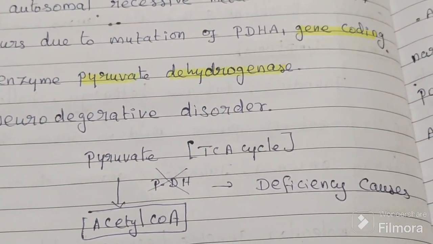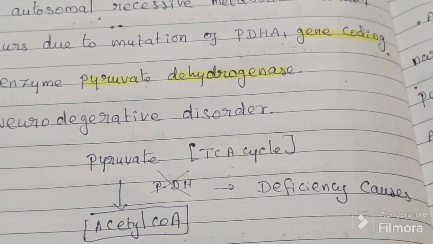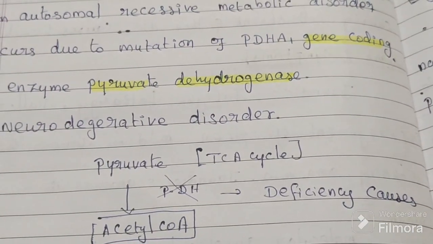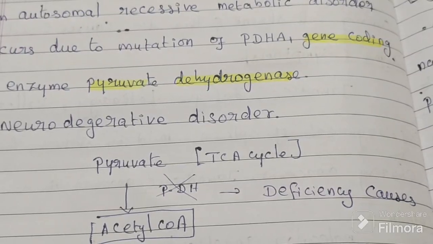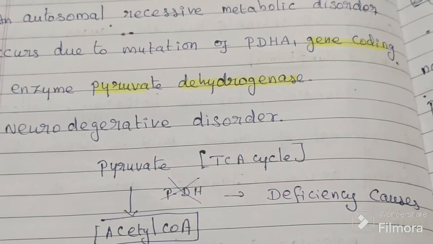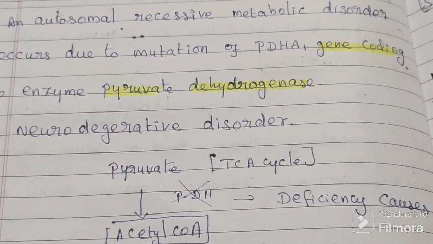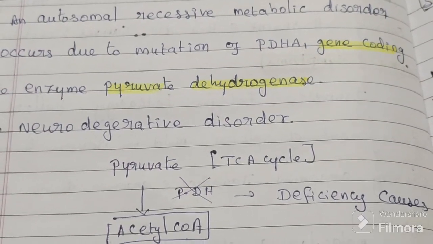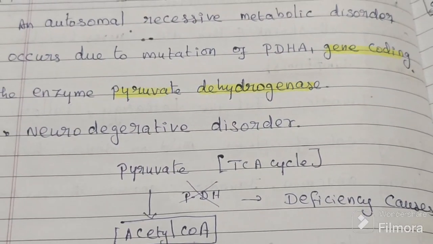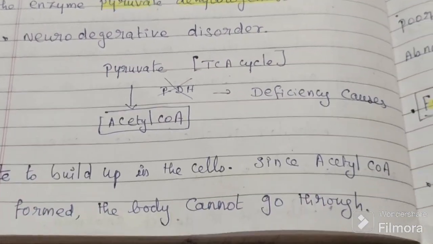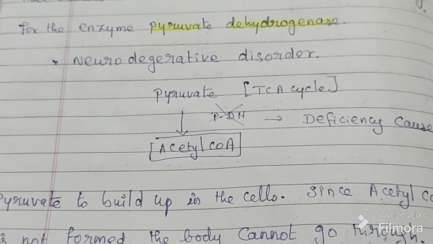Since acetyl coenzyme A is not formed, the body cannot go through the TCA cycle and does not get enough energy. The built-up pyruvate is converted to lactic acid, which enters the bloodstream and causes acidosis.